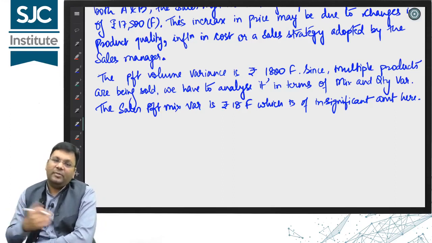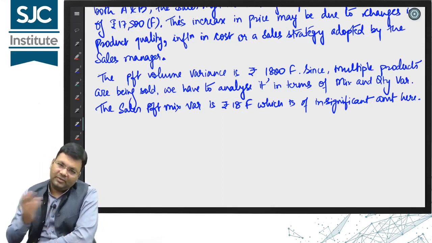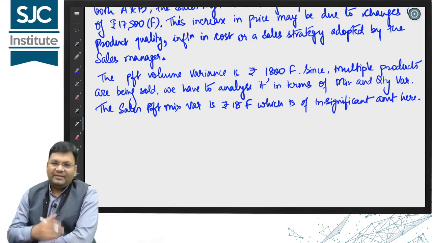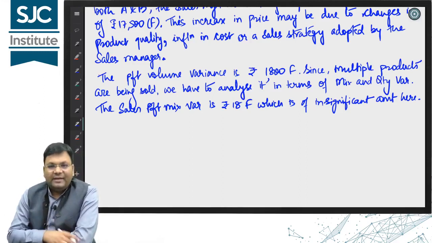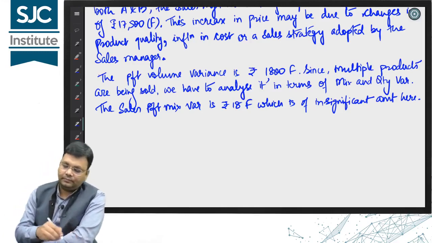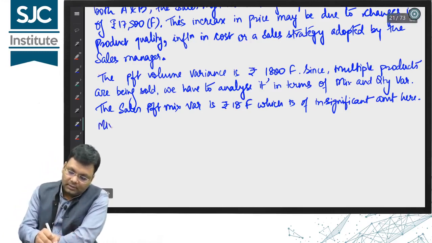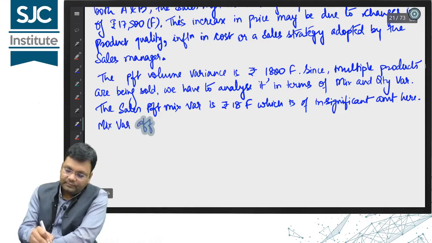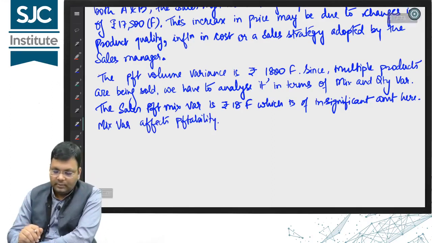For quality, they cannot be responsible because production managers are responsible. Why will sales manager be responsible for quality? So if there is now mix variance, what it will affect? Mix variance affects profitability. All right.